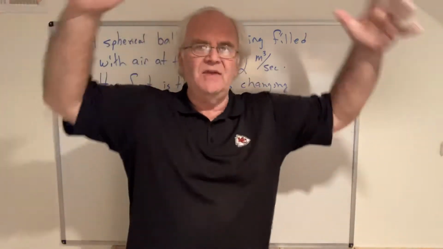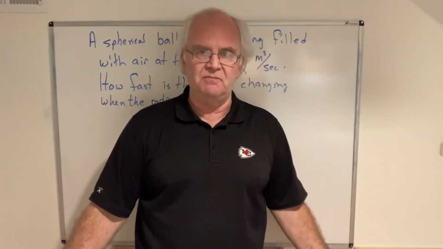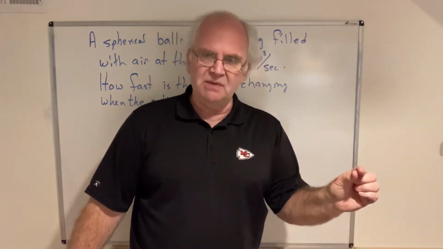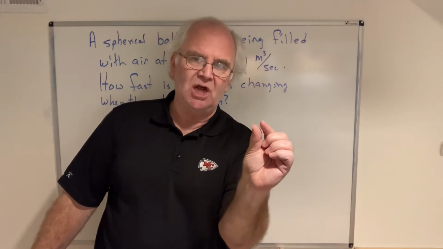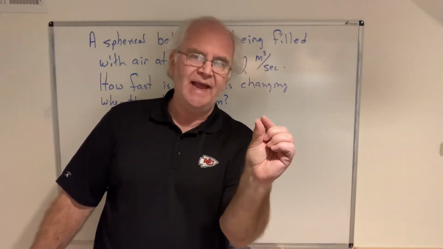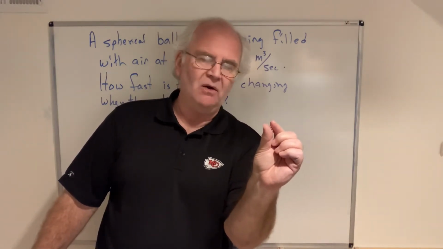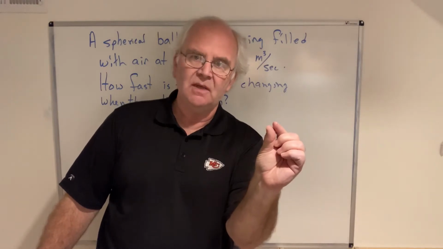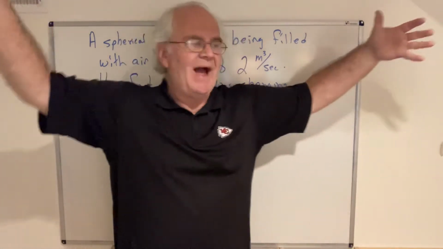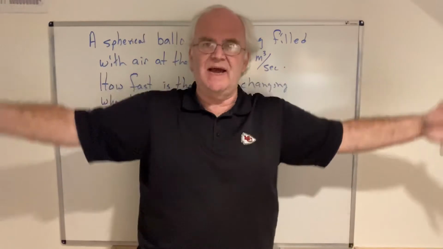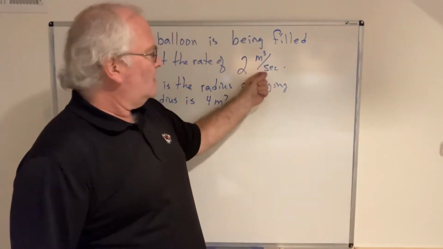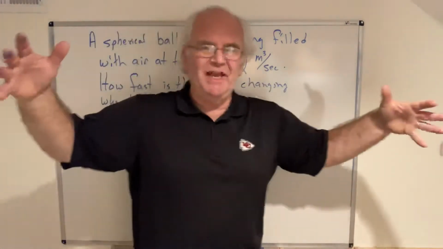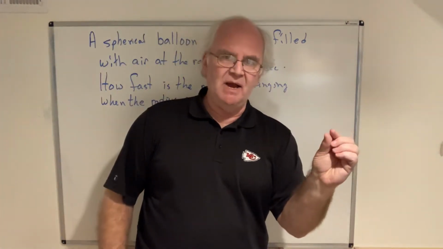Now look, if I take the entire volume of the solar system and just increase it by 2 cubic meters, the radius is hardly going to change at all in 1 second. If the balloon is about the size of a house, then injecting 2 cubic meters of air is going to change it a little bit, but not very much.